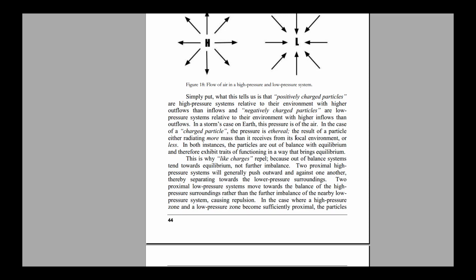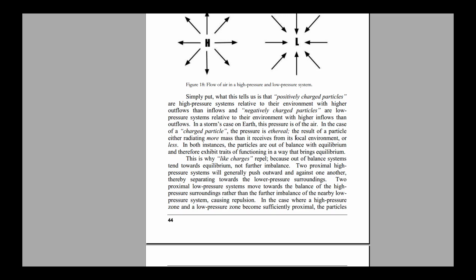In a storm's case on Earth, this pressure is of the air. In the case of a charged particle, this pressure is ethereal, the result of a particle either radiating more mass than it receives from its local environment or less. In both instances, the particles are out of balance with equilibrium and therefore exhibit traits of functioning in a way that brings equilibrium.